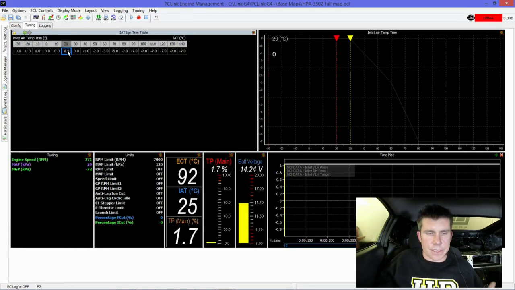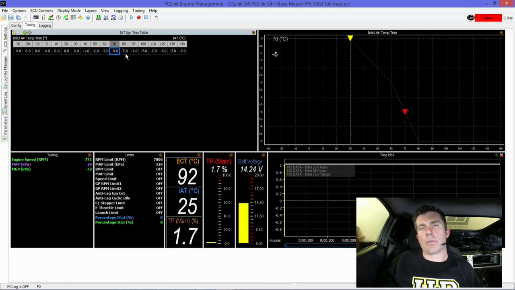This is a 2D table, as you can see here, with intake air temperature and an ignition trim function that we can add. At 40 degrees centigrade intake air temperature, I've got a trim of -1, so we're removing 1 degree of ignition timing. As we get hotter and hotter, at 70 degrees I've removed 5 degrees of ignition timing.